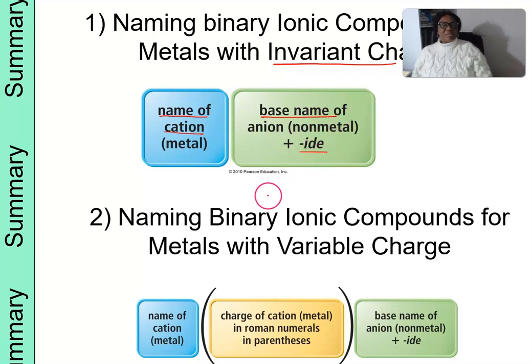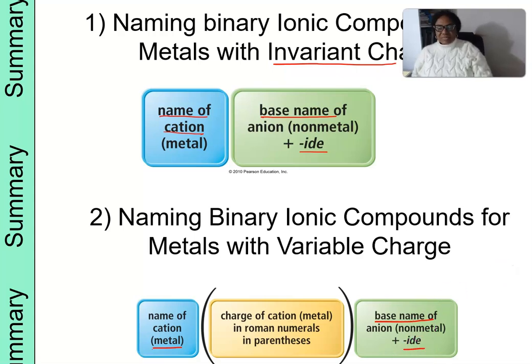That's how the name of the anion is. For binary compounds of metals with variable charges, the name of the cation, which is the name of the metal, then the charge of the cation in Roman numerals in parentheses, plus the base name of the non-metal plus IDE.